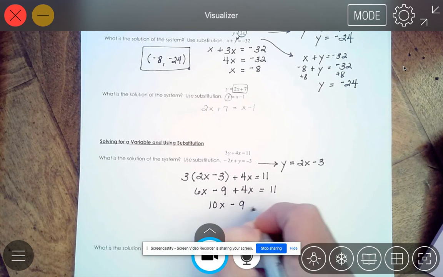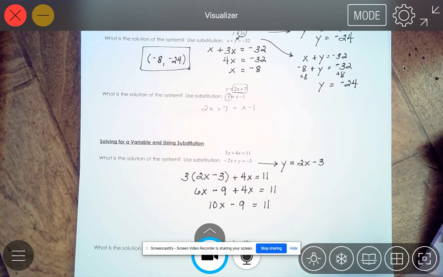I have a minus 9 is equal to 11. I'm going to add 9 to both sides. 10x is equal to 20. All right? So that tells me when I divide both sides by 10 that x is equal to 2.